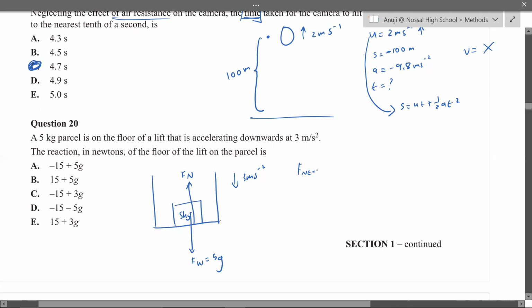So F net equals ma. So since it's going down, it's F weight minus Fn equals 5 times 3. So F weight is 5G minus Fn equals 15. And if you rearrange it, you just get 5G minus 15, which is B.